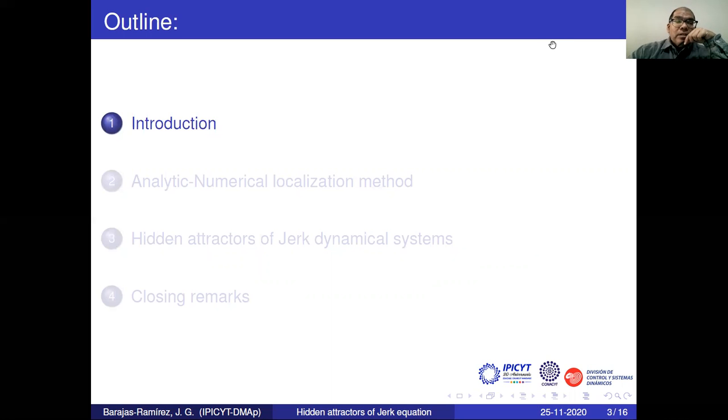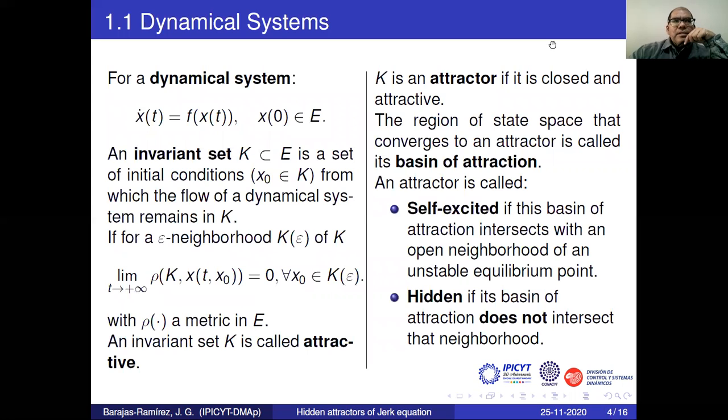A very simple introduction would be that dynamical systems in general can be identified as a differential equation. For the solutions of this differential equation, an invariant set is one where, given an initial condition, the solution remains in the same set.